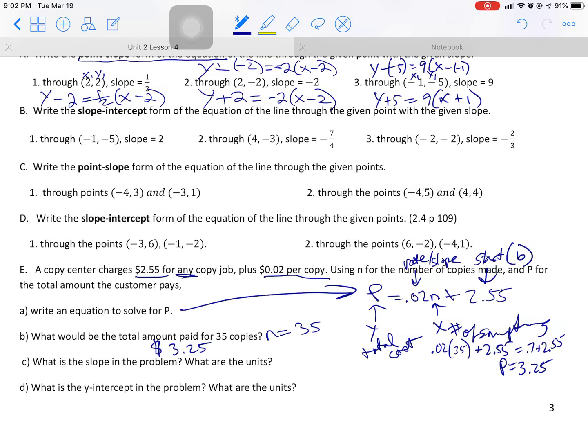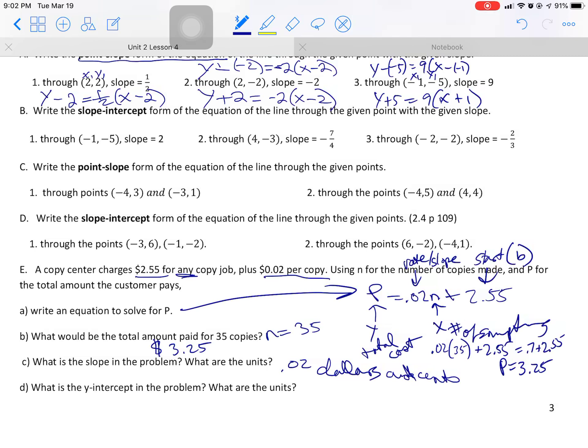What is the slope in the problem? What are the units? The slope in the problem is 0.02. The units, that is dollars. Okay. It could be dollars and cents because it's 2 cents or 0.02 of a dollar. So either one, dollars and cents, probably good enough.